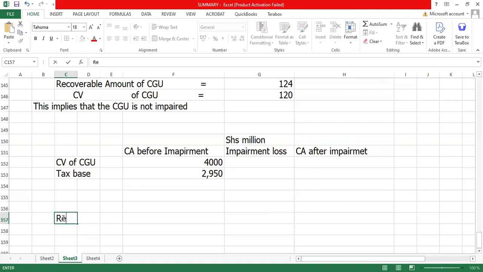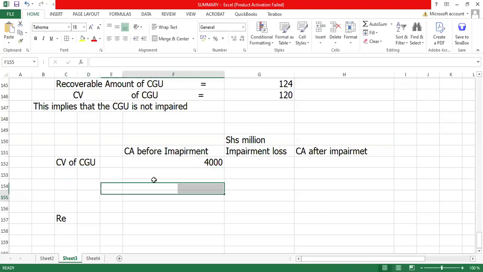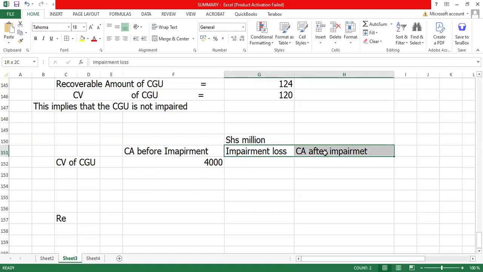Or some people can leave this out and do it separately, first focusing on this.